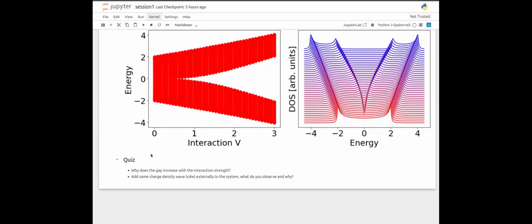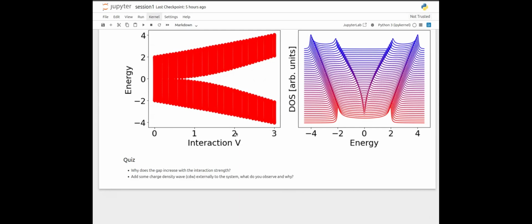Now let us go with the question. Why does the gap increase with the interaction strength? Well, the reason is that the stronger the interaction, the stronger the sublattice imbalance that the interaction is inducing, and this sublattice imbalance effectively opens up a gap in the system. So the gap that you see here is an interaction-driven gap, and it's a charge density wave.